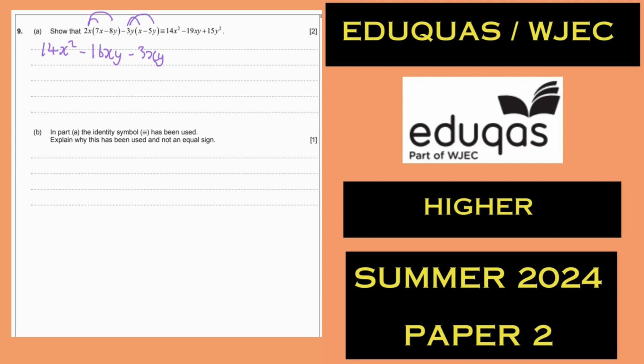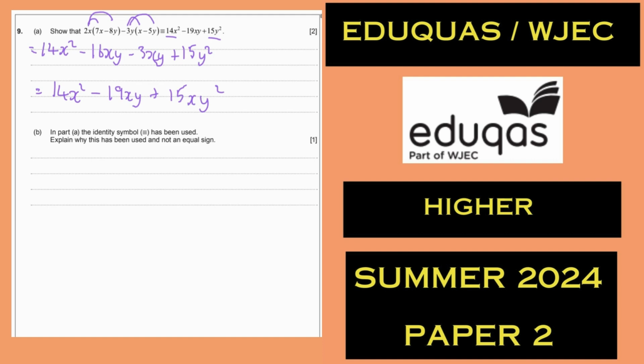And the final loop, minus times a minus, is a positive 15y squared. Keeping one eye on the answer, you can see that they're there. The middle terms just need to be simplified. That means you agree with them, and that means you have fully correctly shown it.